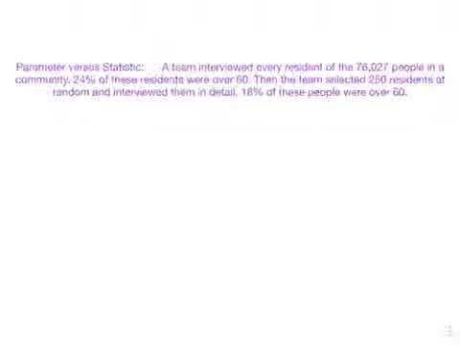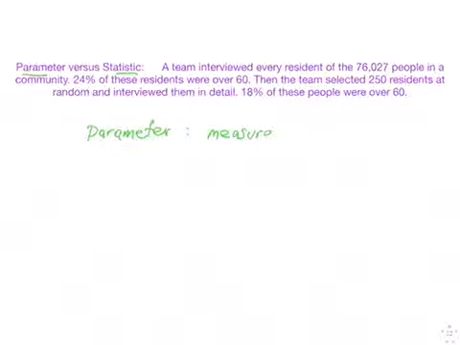Two other terms that we're going to make use of are the terms parameter and statistic. A parameter, by definition, is a measurement of a population. So a parameter measures and takes count of numbers in an entire population.